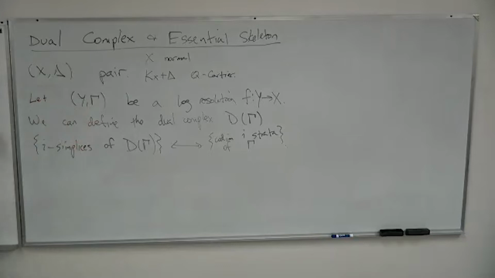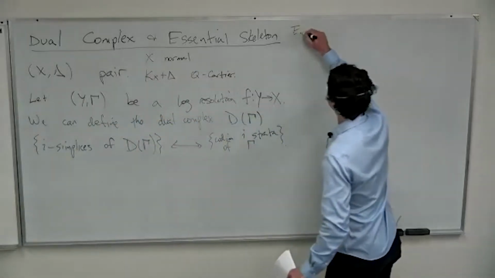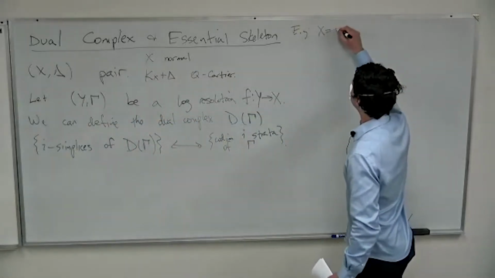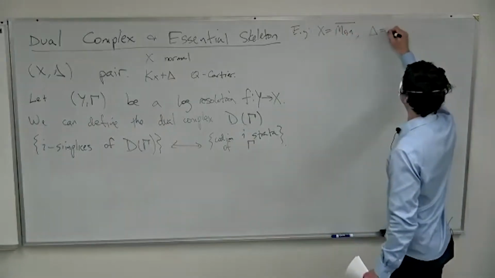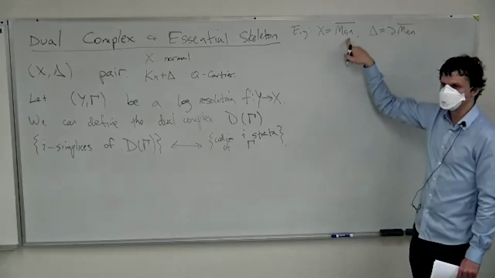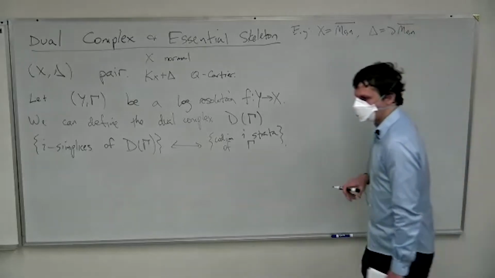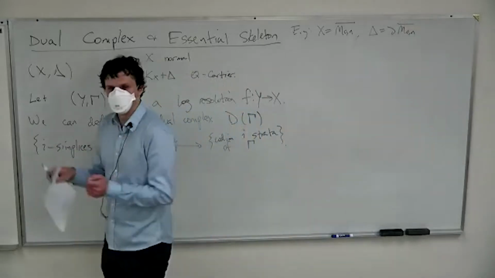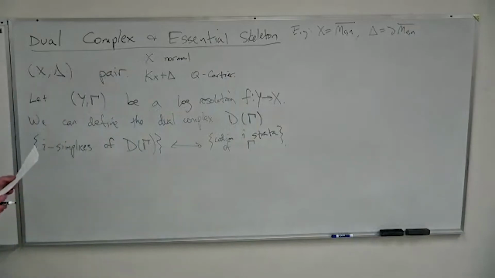The example I'm going to have in mind eventually is where X is M_{0,n} bar, and the boundary Delta is the boundary of M_{0,n} bar. Here, this is all of the stable n-pointed rational curves, and these are the ones that are not smooth, where you get two points colliding and so a bubbling off of one of the curves. Okay, so back to this story.